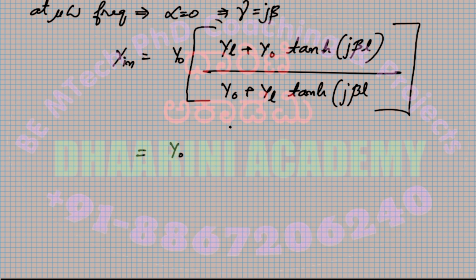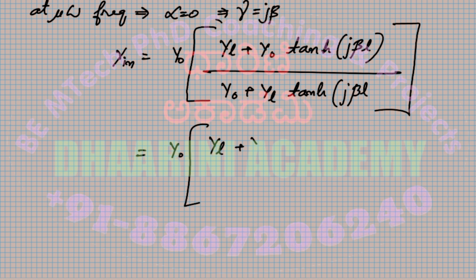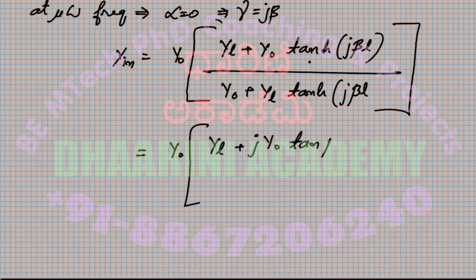So this is Y naught into (YL plus j times Y naught tan beta l) all divided by the denominator, Y naught plus j YL tan beta l.